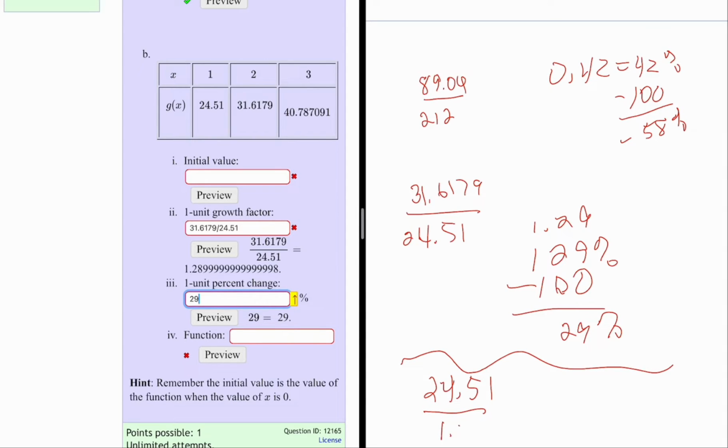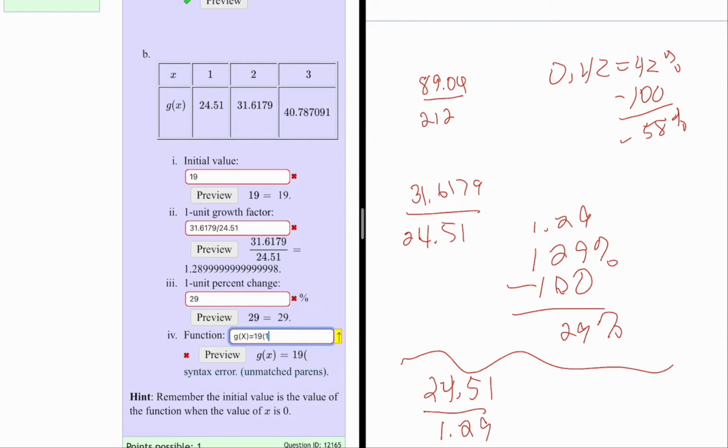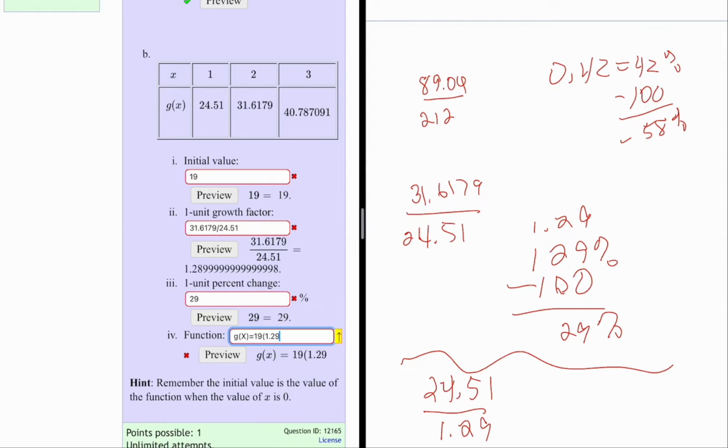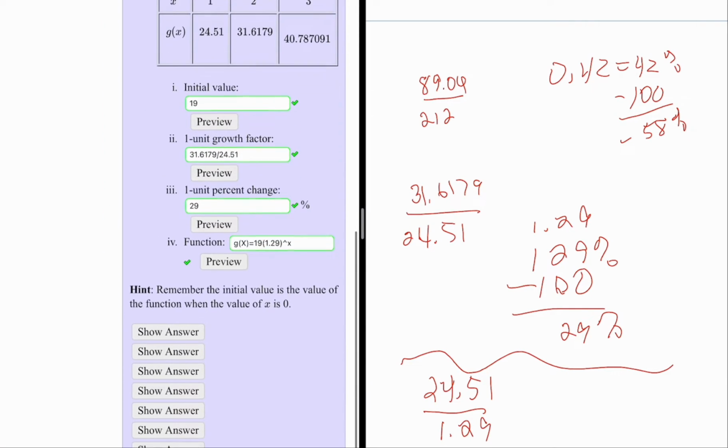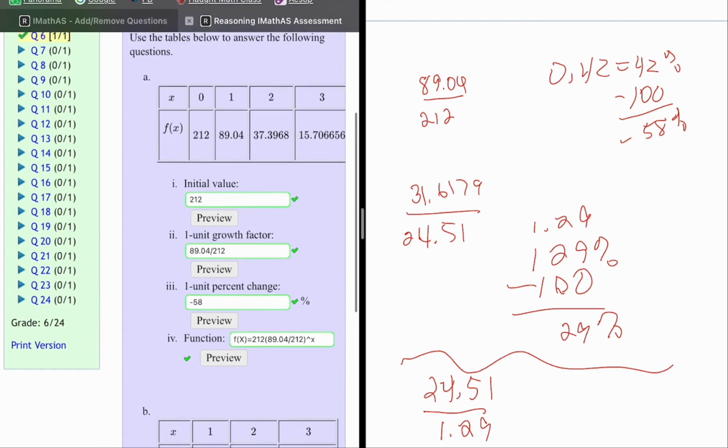So I'm going to divide by 1.29. So 24.51 divided by 1.29 is 19. So my starting value, now I know, is 19. So what's my function? They called this one g of x, so we're going to call it g of x, equals 19 times 1.29, or that fraction again, to a power of x. Unless I type something funky, there we go. So that is question 6.